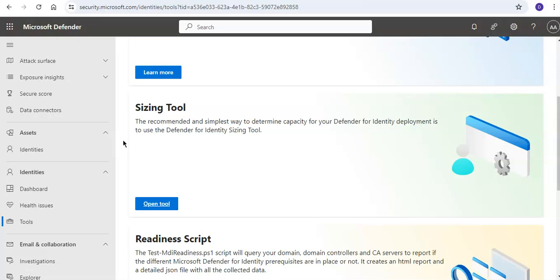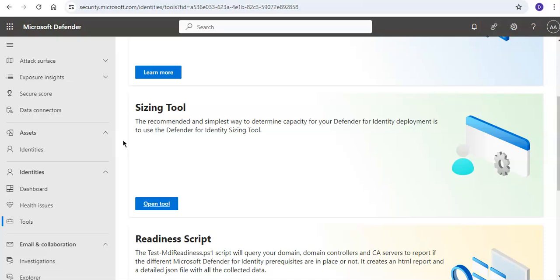It is installed directly on your domain controller or on Active Directory Federation Services or Active Directory Certificate Services. The Defender for Identity sensor accesses the event logs it requires directly from the servers. After the logs and network traffic are parsed by the sensor, Defender for Identity sends only the parsed information to the Defender for Identity cloud service.